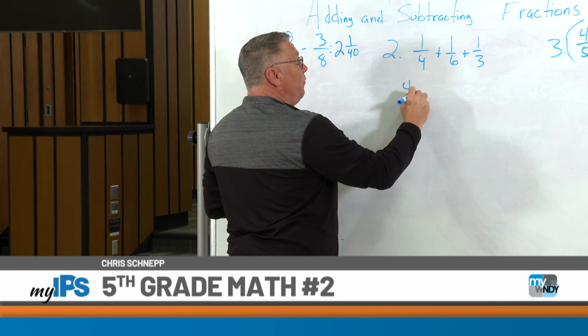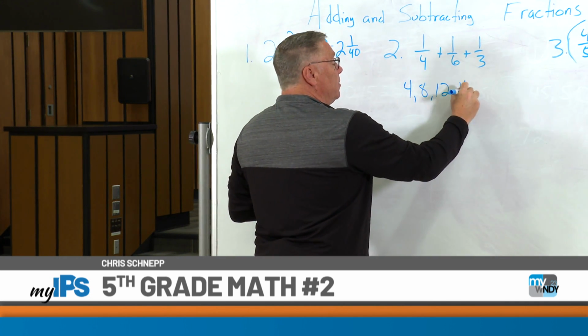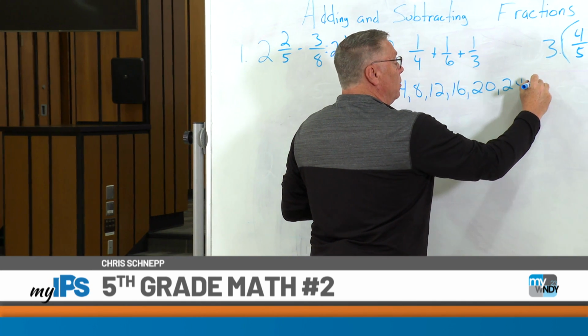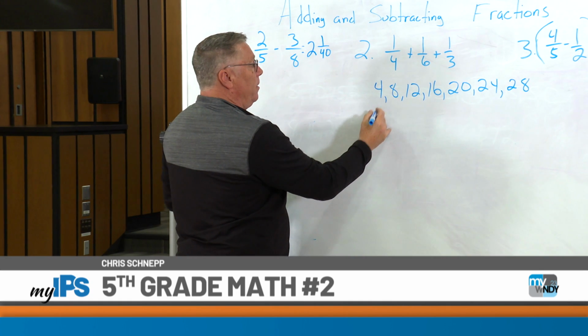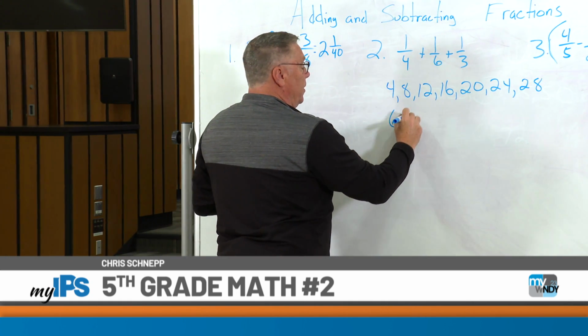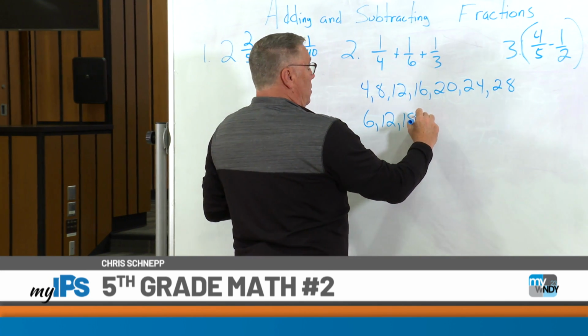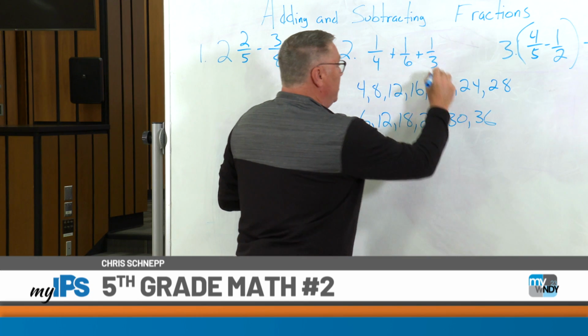So let's find multiples of 4: 4, 8, 12, 16, 20, 24, 28. And let's come down here to the number 6: 6, 12, 18, 24, 30, 36.